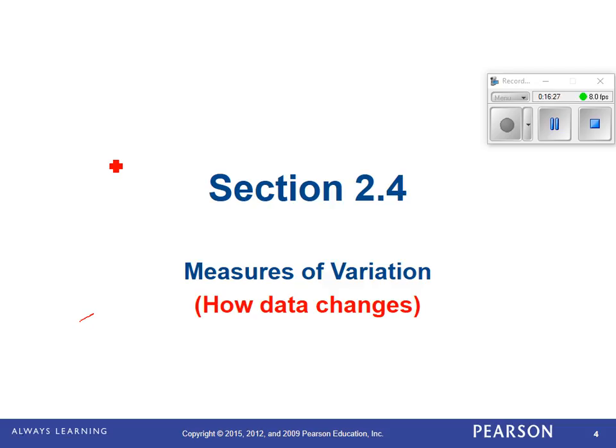Measures of variation is how the data changes as you go from the lowest to the highest. What's occurring? Does it jump from real low up to real high really quickly? Does it move across pretty evenly? Just how do things vary?